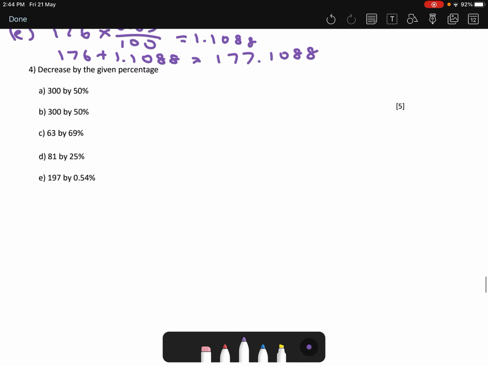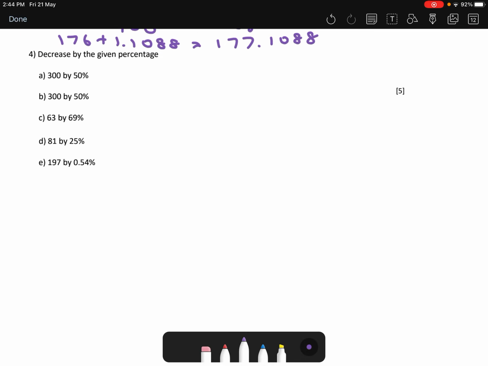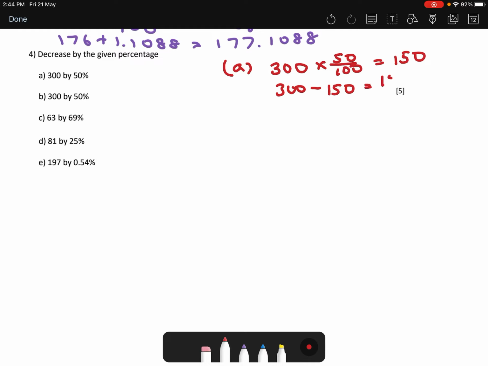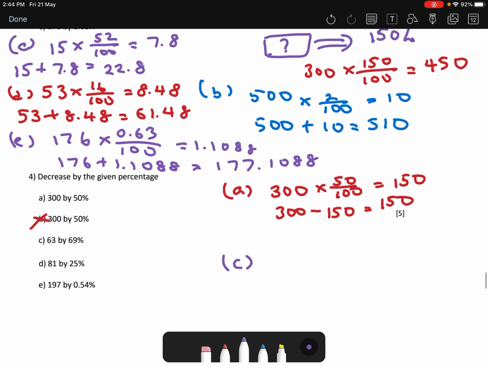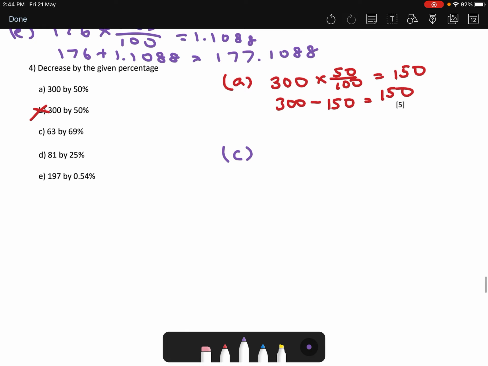Okay, question 4. So same thing, I believe you know how to do already. Okay, question 4, we have A, 300, I decrease by the given percentage. So first, 300 times 50 over 100. I should get about 150. So 300 minus 150, you should get about 150. Okay, the question B is the same, so don't need to do. C, 63, I decrease by 69%.